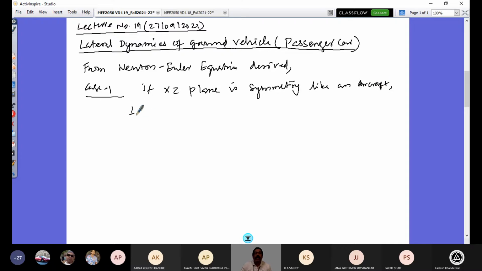Then what would happen? I would have IXY equals IYZ, IYX equals IYZ equals IZY equals 0. So these all terms are going to be 0.